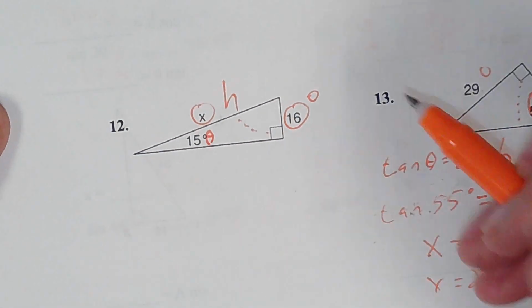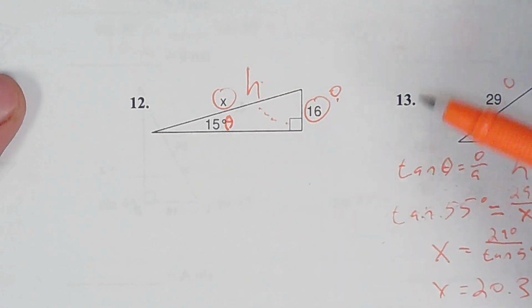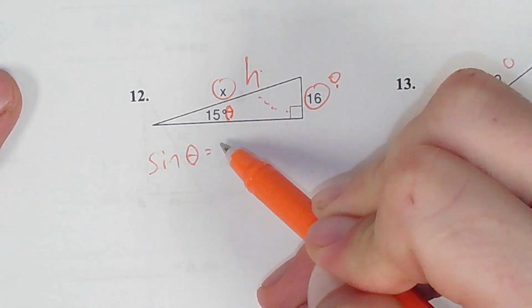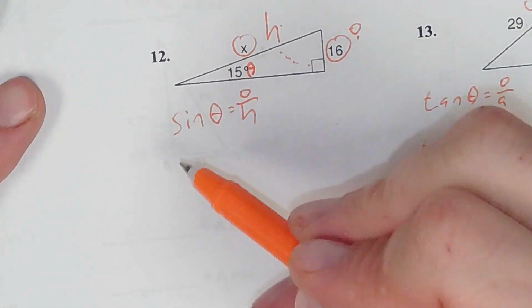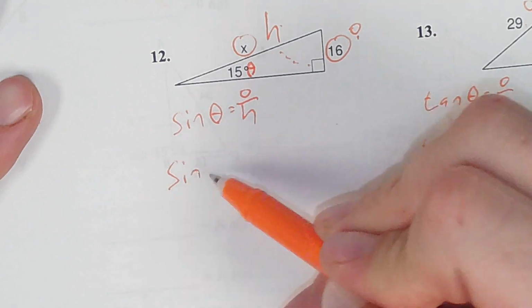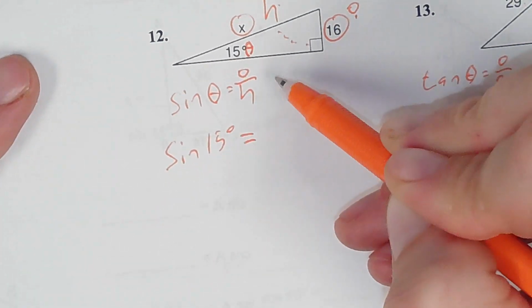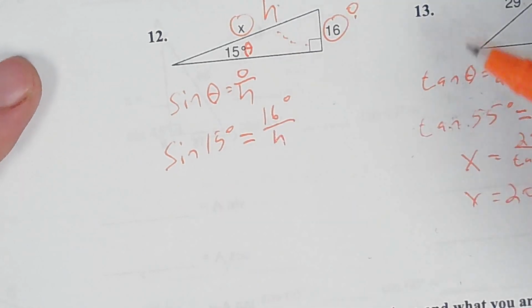So what function has opposite and hypotenuse in it? That's sine. Sine of theta equals opposite over hypotenuse. Plug in what I know. Sine of 15 degrees equals opposite divided by hypotenuse.